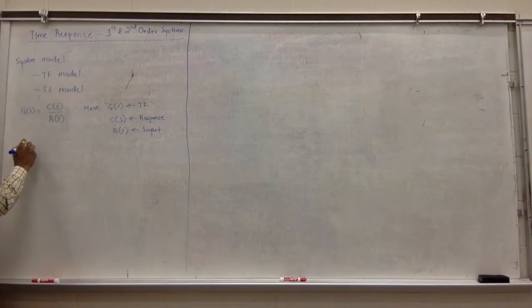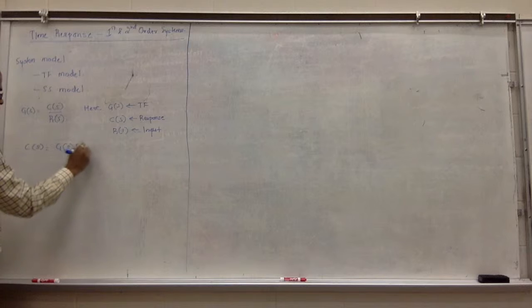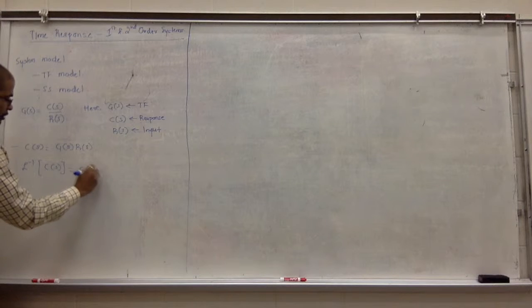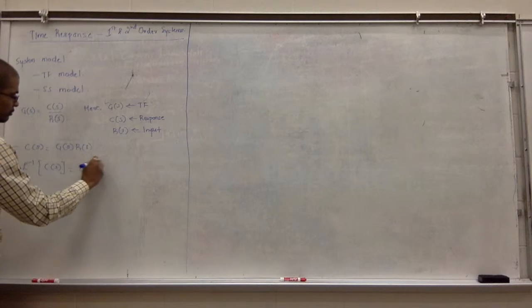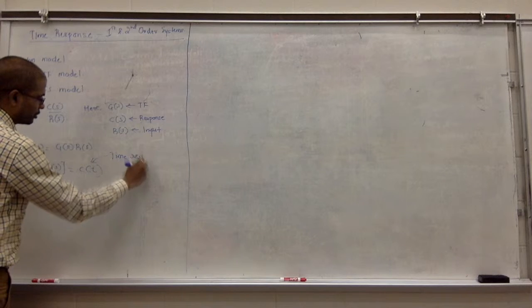So if you do this, C of S, you do G of S into R of S, okay? And then Laplace inverse of C of S, you're going to get C of T. This is typically called the time response.